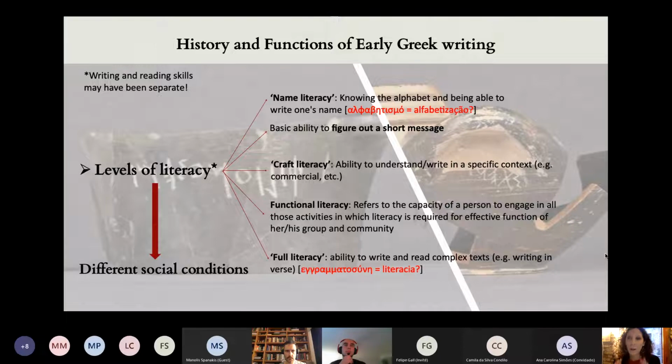I'm not sure about the translation in my language because we say alfabetizzazione, and in English it is literacy everywhere. I think we have to think about literacy as an umbrella with several nuances inside. So maybe in Portuguese it could be alfabetização and literacia. I'm not sure.